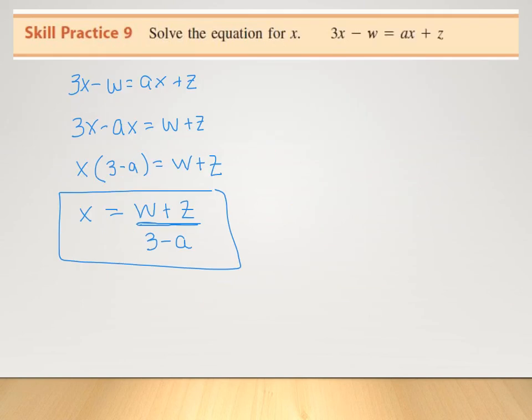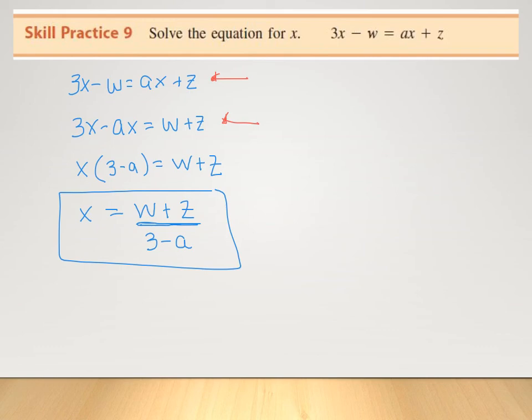So one of the tricks of the trade is if we're solving for a variable and the variable happens to be on both sides of the equation, like in practice skill 9, we have to move the variable that we're solving for on the same side of the equation and then move every other variable plus numbers on the other side. So in this case, we started out with the original equation. We moved the AX over to the left-hand side and moved the W over to the right-hand side of the equation, which we can do.